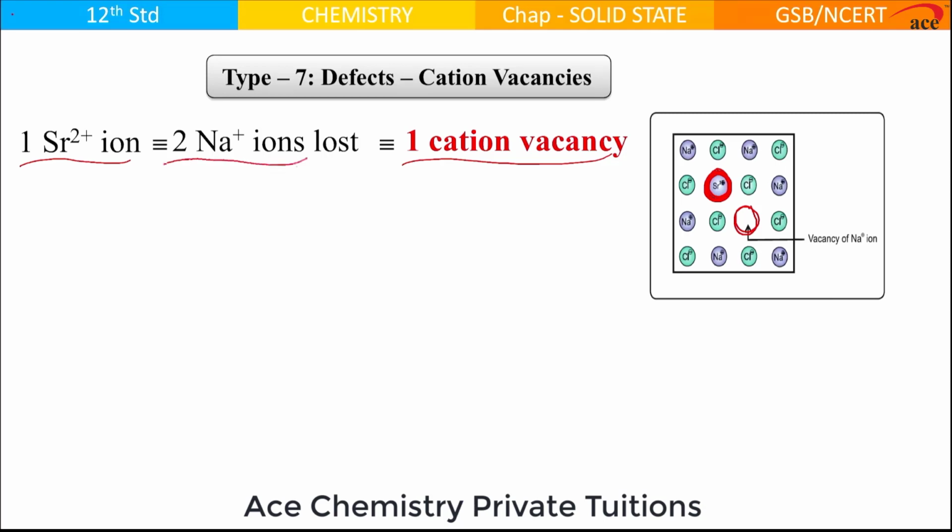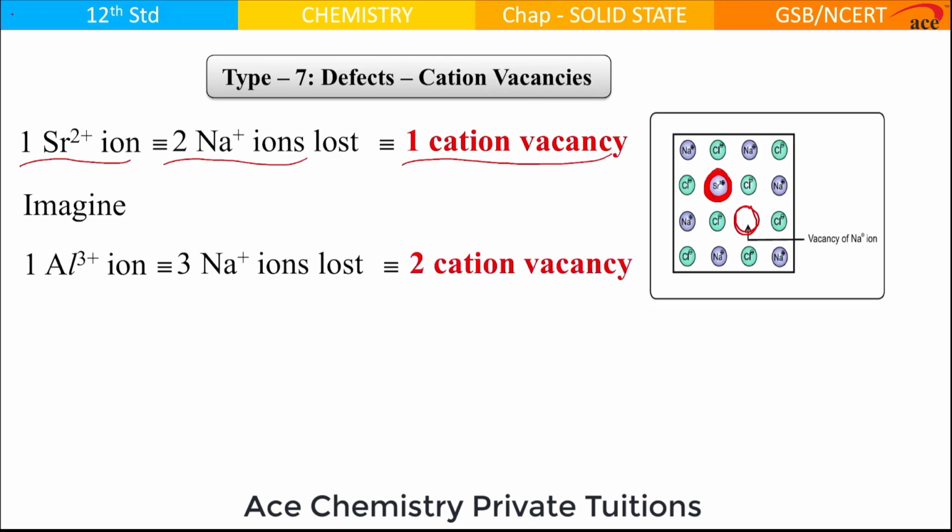Using this relation, we will be solving numericals. Imagine if there is one aluminium ion entering into sodium chloride crystal, then it will remove 3 sodium ions from the system, of which one sodium ion's position aluminium will take and will create 2 cation vacancy.